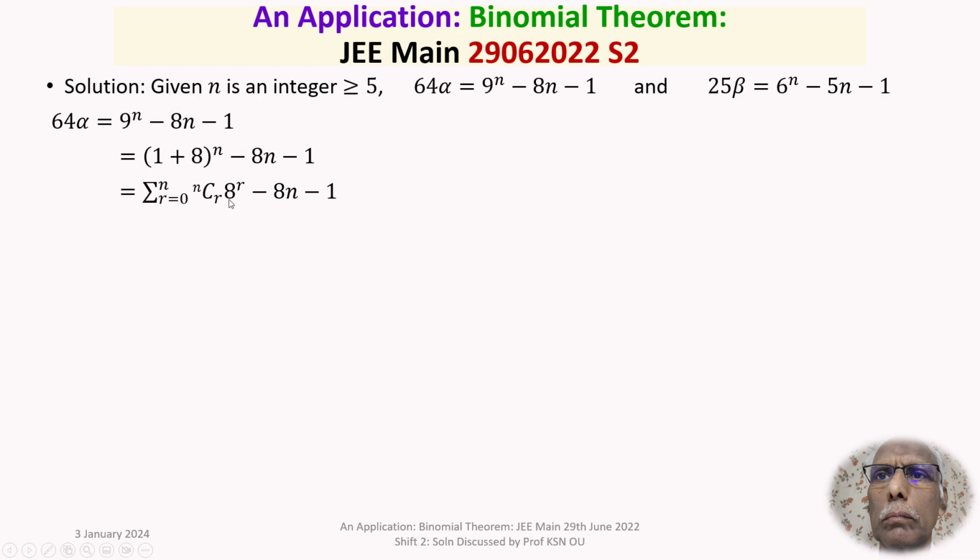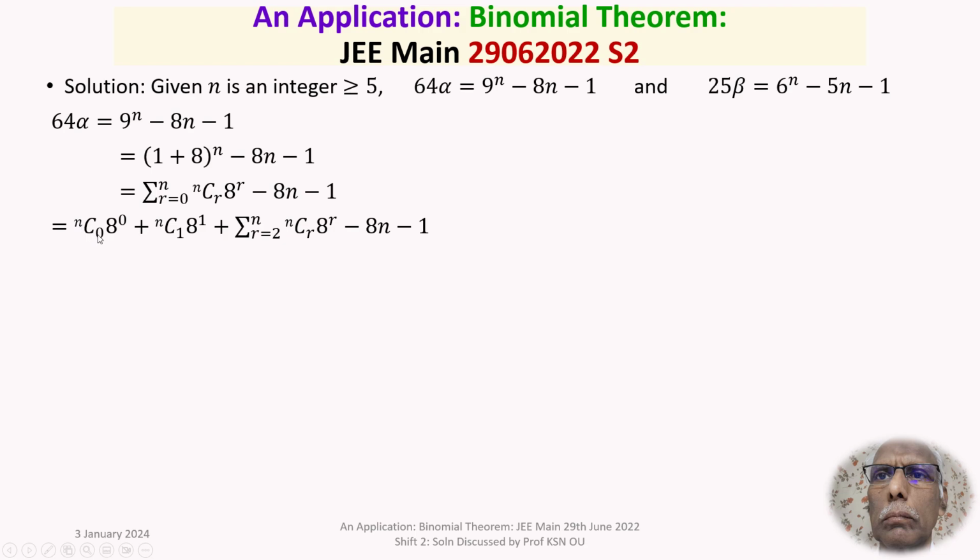Agreed. Now we write the first two terms exclusively, then write the sigma notation from r is equal to 2 to n. So that will be equal to r is equal to 0, that is nC0 8 power 0, r is equal to 1, nC1 into 8 power 1, and then sigma r is equal to 2 to n nCr 8 power r minus 8n minus 1.